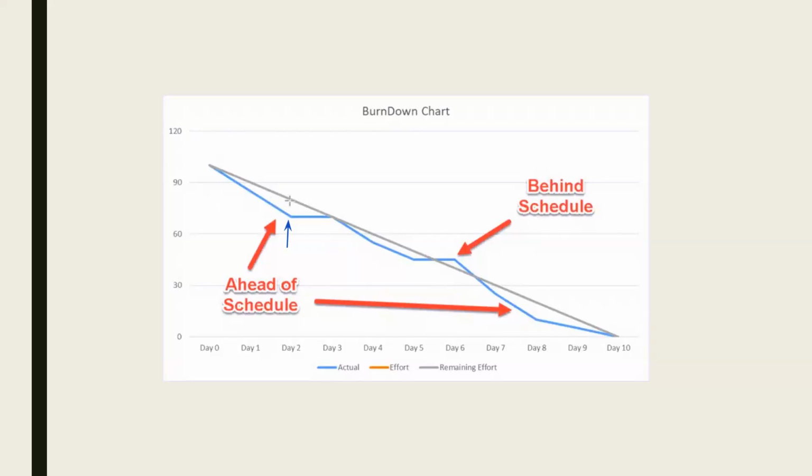But your team was working so well, you were able to complete one of the user stories, and you are at 70. So 80 was ideal, but you completed 10 story points and now it is at 70. That means you are ahead of your schedule. Means you are doing good. On the whole, the team is doing good and it is ahead of the schedule.